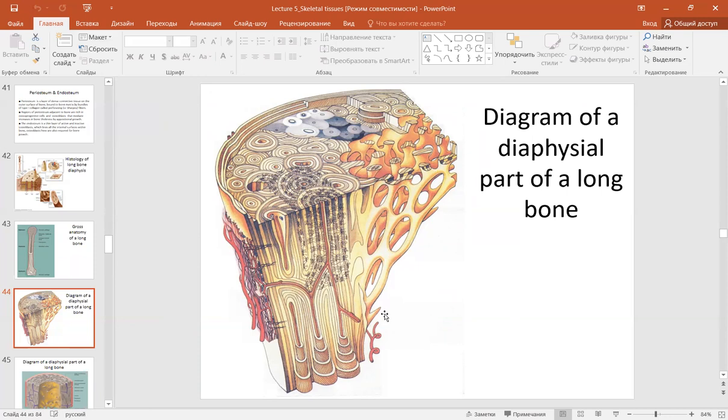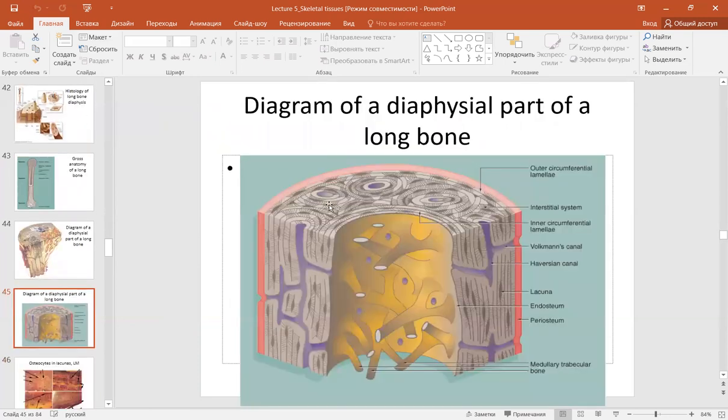Another view of the osteo-Haversian systems. Inner circumferential lamella, outer circumferential lamella, periosteum, Haversian canal, lacuna, endosteum, medullary trabecular bone.